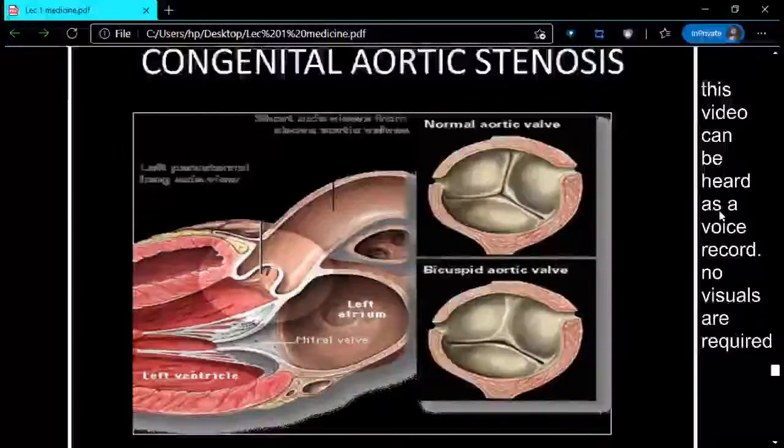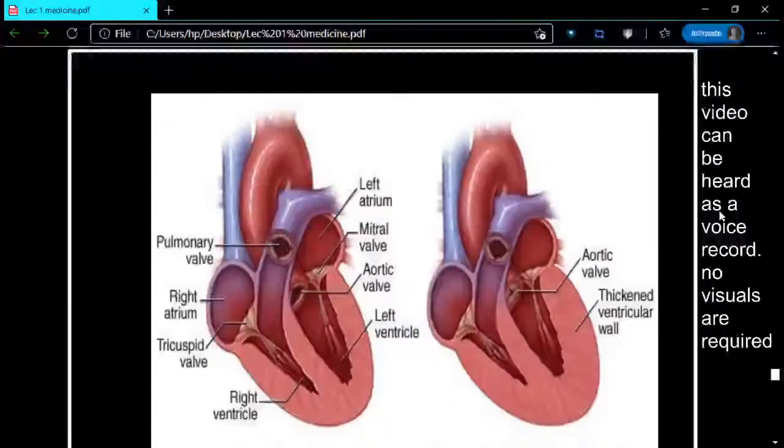Not the mitral valve, not the tricuspid, not the pulmonary, it's the aortic congenital problem, causing thickened ventricular wall. And we can see here the right ventricle, tricuspid valve, right atrium, pulmonary valves.